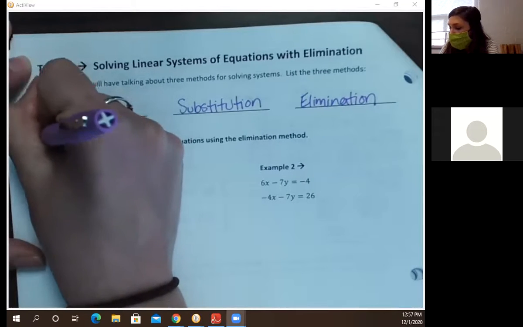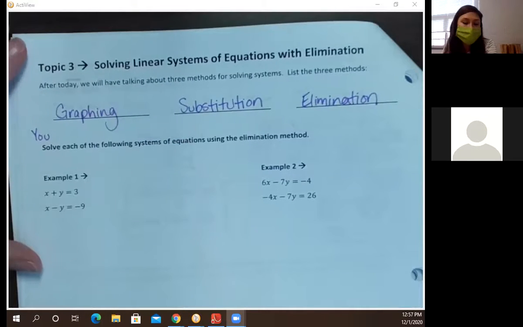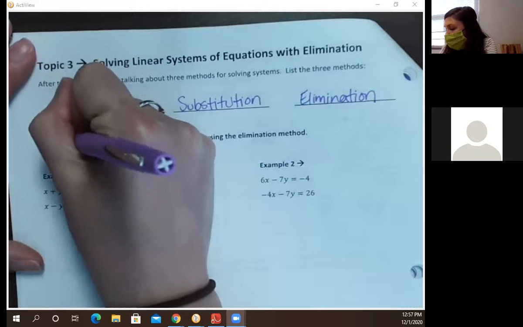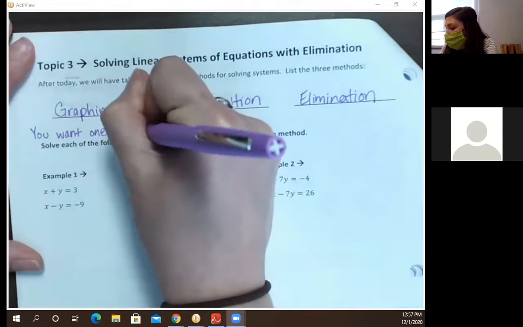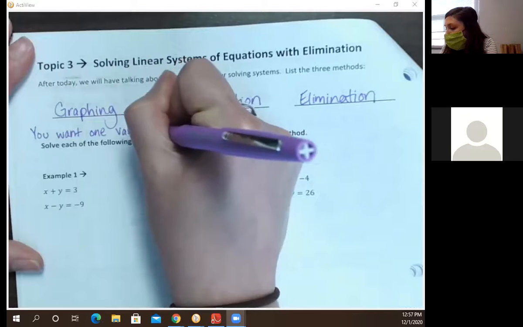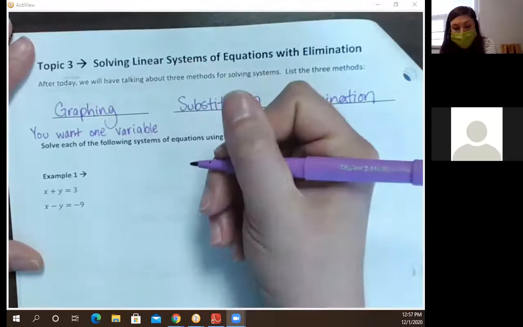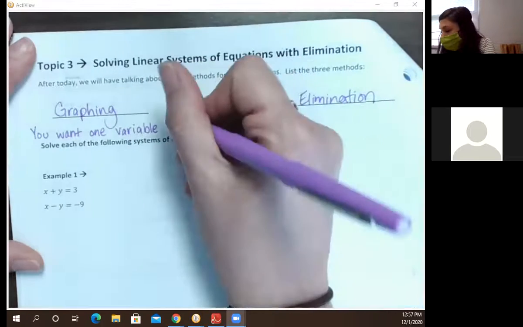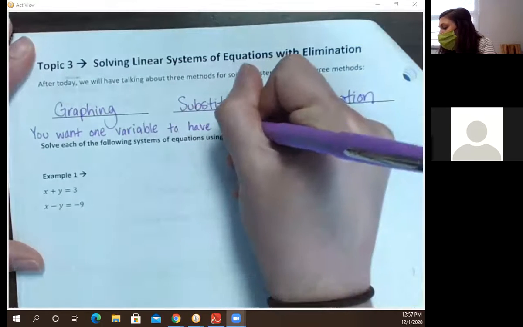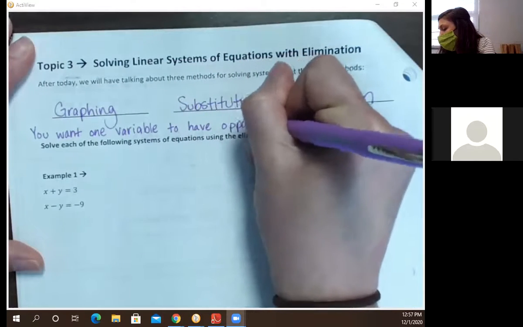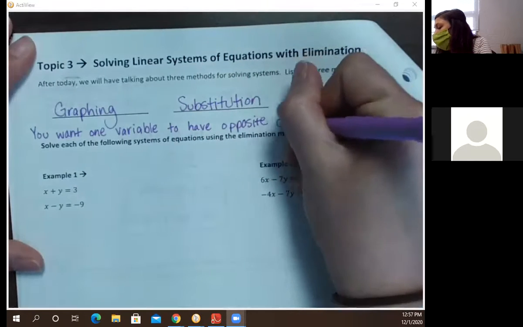So what we want to do for elimination, as we talk about the setup here, which we'll look at in just a second, you want one variable, could be the x's or the y's, doesn't matter. You want one variable to have opposite coefficients.